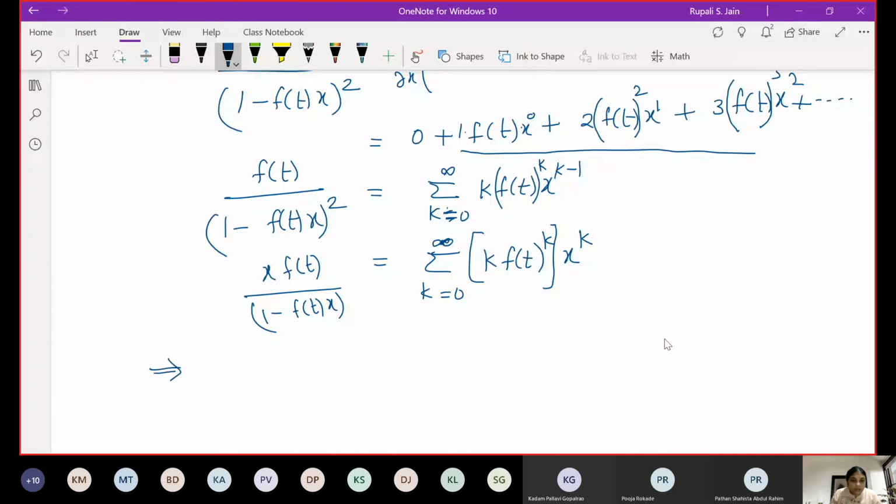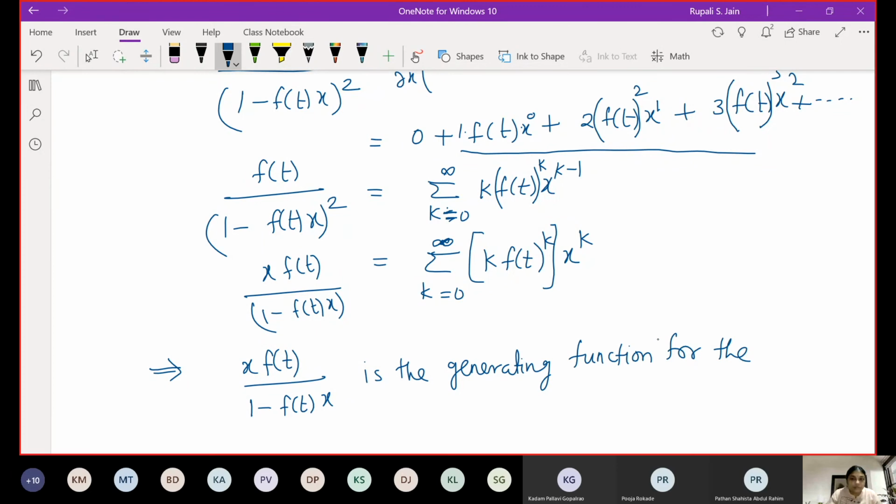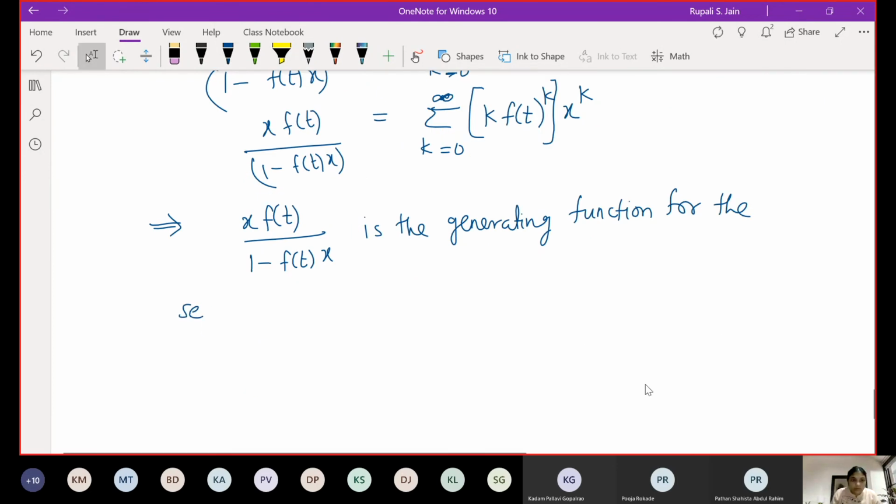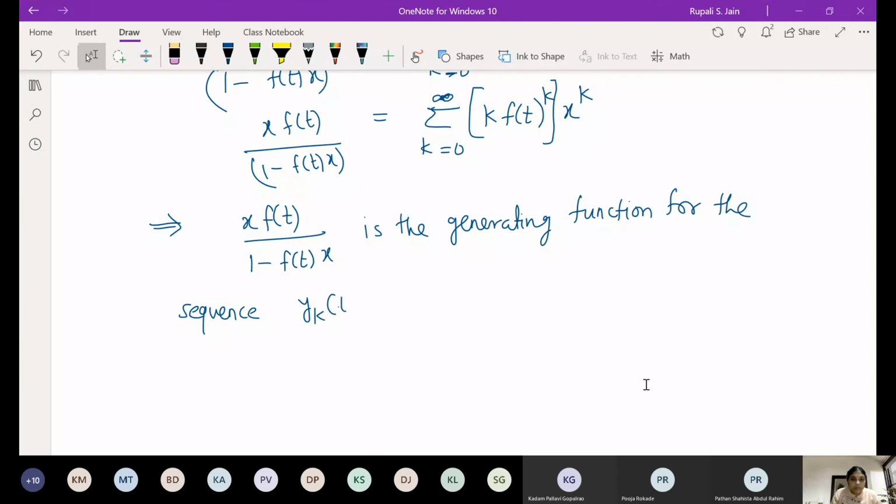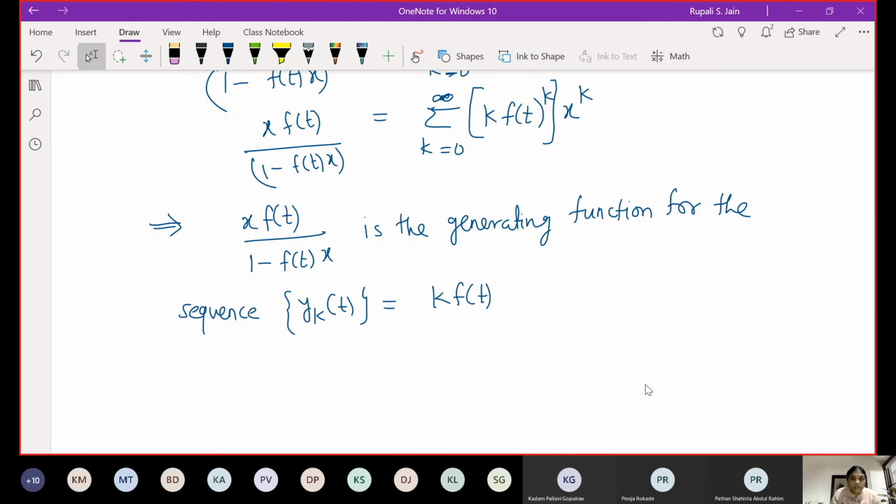Is that right? x times f of t divided by 1 minus f of t x is the generating function for the sequence ykt, which is equal to which sequence? k f of t raised to k.